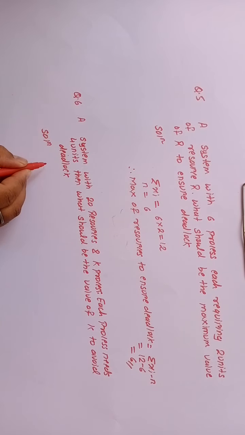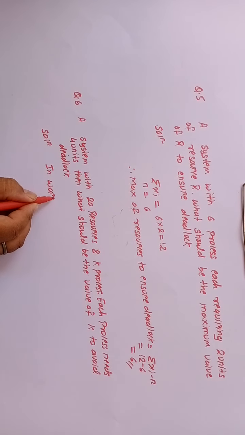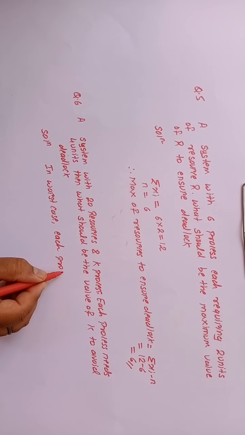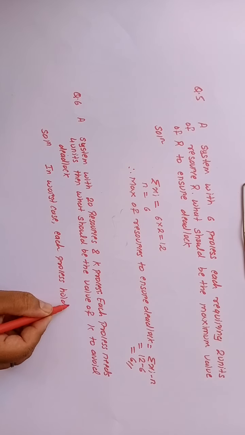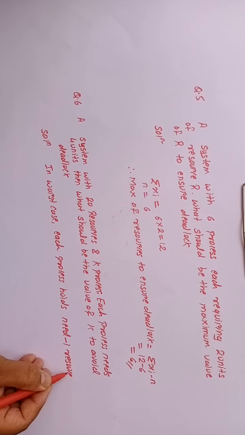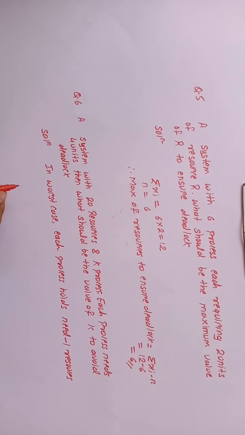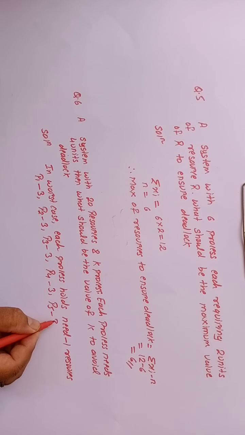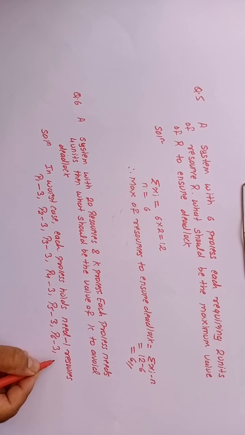Solution. In the worst case, or in deadlock case, each process holds need minus 1 resources. Here the need of each process is 4 units, so process P1 will hold 3 resources, P2 will hold 3 resources, P3, P4, P5 and P6 will each hold 3 resources, P7 will hold 2 resources.